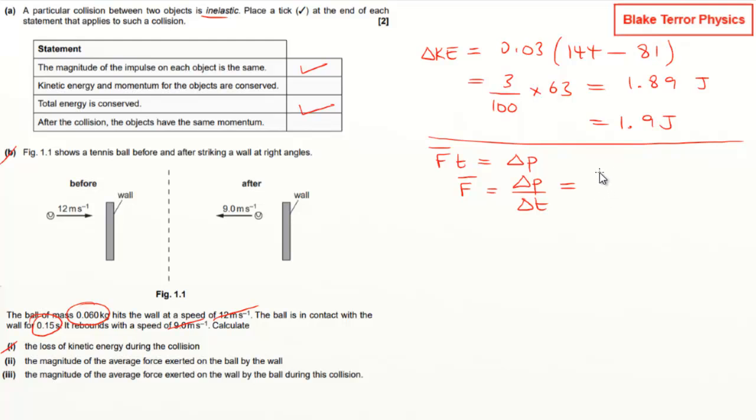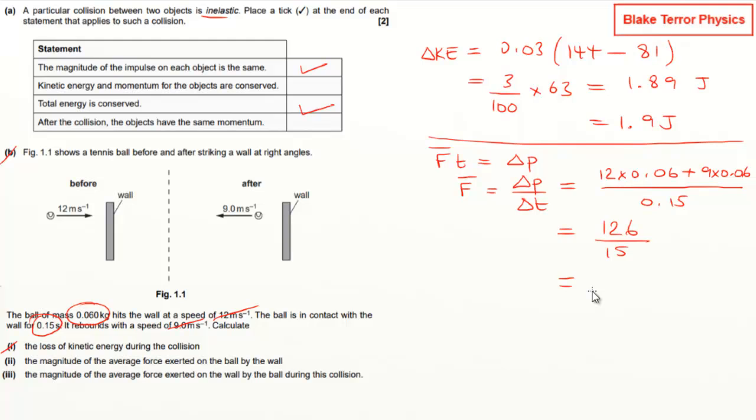So we've got 12 times 0.06, but it's changed direction, so we add on 9 times 0.06, and divide that by the time, which was 0.15. That's 15 over 100, so multiply by 100 at the top and divide by 15. Dividing by 6 gives 21 by 6, so 126 over 15 is our average force.